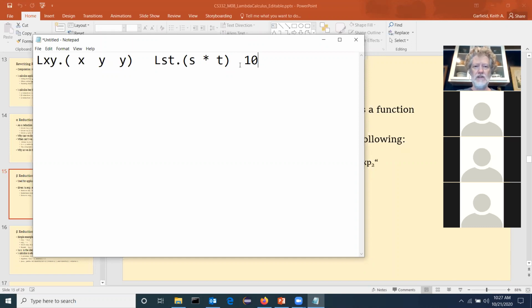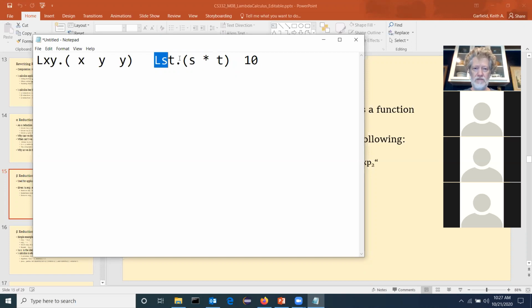So what's the first thing that I can do, if anything? Do I have any situation where I can use a beta rule? Substitute S for that. Right. So here's an expression followed by an expression. The one on the left is a function, so I can use a beta rule.